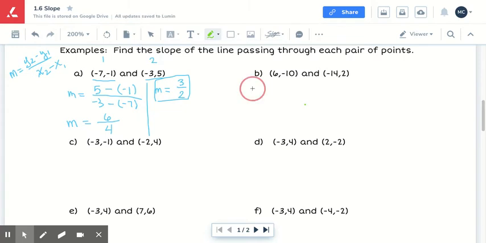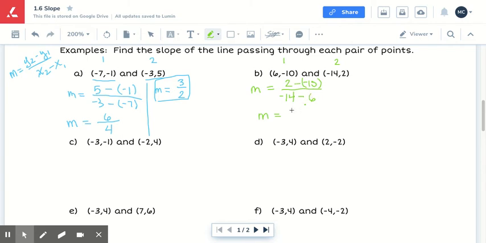Okay, same thing on this one. For my slope, I'm going to call the first point that they gave me 1 and the second point that they gave me 2. It does not really matter. All that matters is that I keep things in the same order. So I do y2 minus y1, and on the bottom, x2 minus x1, and then simplify.